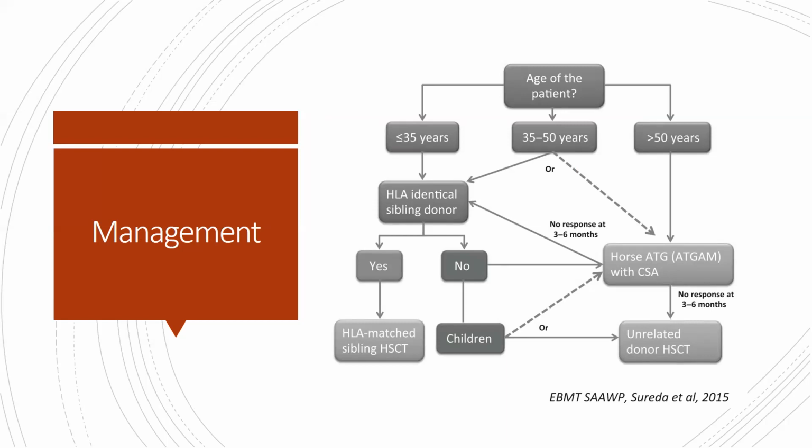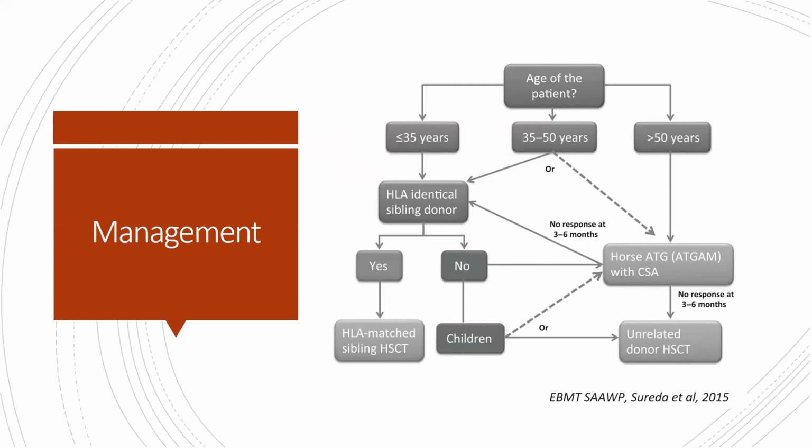However, if the patient is more than 50 years old, or has no identical sibling donor, we might have to consider T-cell suppressive agents such as ATG, horse anti-thymocyte globulin, and cyclosporine therapy as well, maybe with some eltrombopag as well.